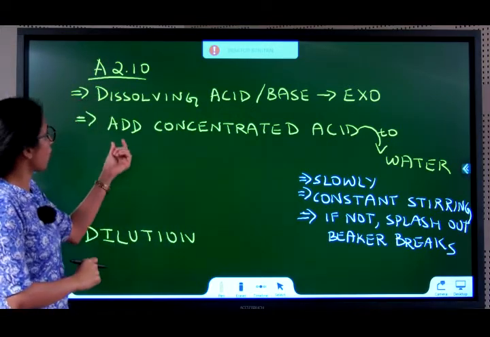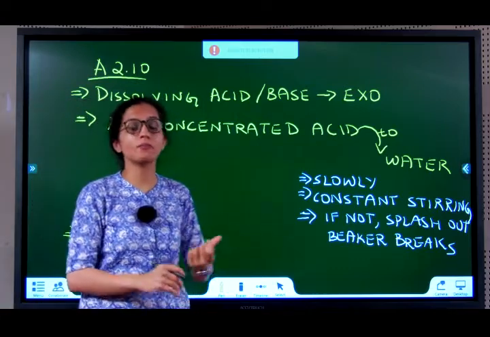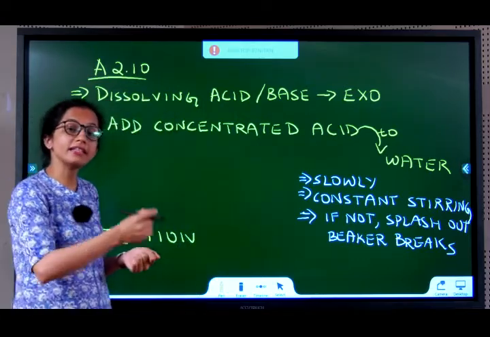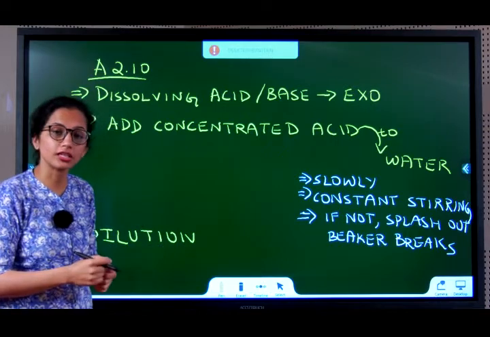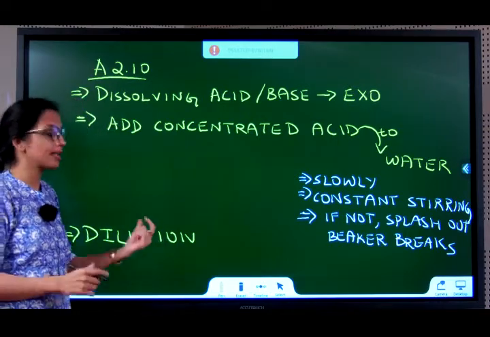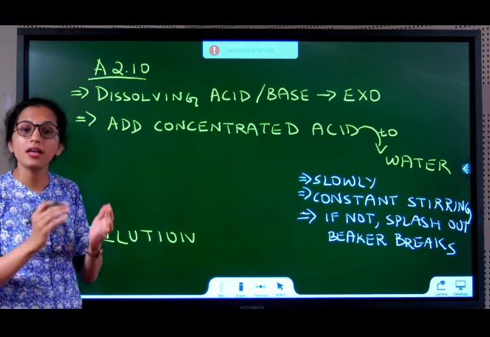This process of adding a concentrated acid or a base to water is called dilution. What happens in dilution? The number of ions per volume of water decreases.